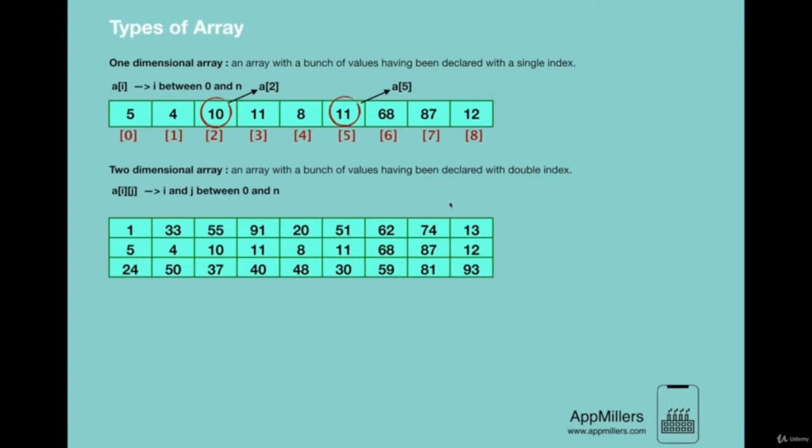And that's why it is said that these numbers have been declared with a double index. Each column and each row has its own index. If we look at a 2-dimensional array carefully, we can see that it is composed of 1-dimensional arrays. In this case, we have combined 3 1-dimensional arrays together and got a 2-dimensional array.